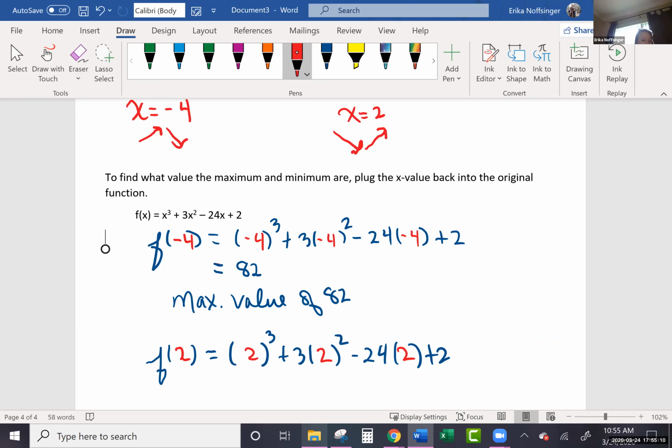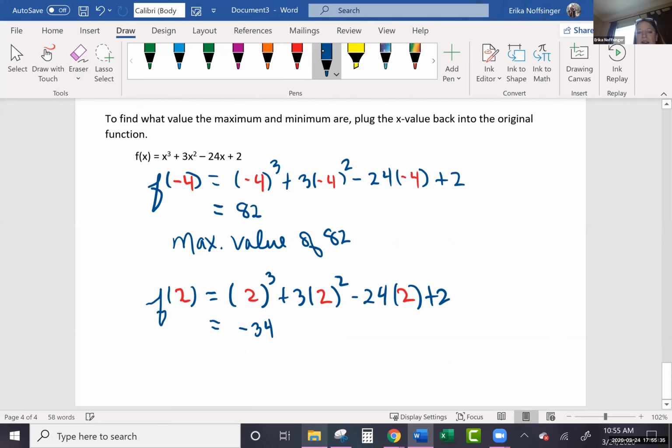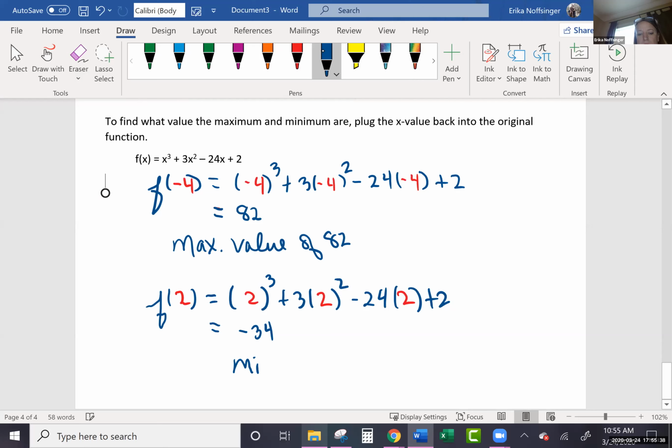And so we got 2 cubed is 8, 4 plus, so plus 12, minus 48 plus 2. So this gives me negative 34. So we know that the min value is negative 34.